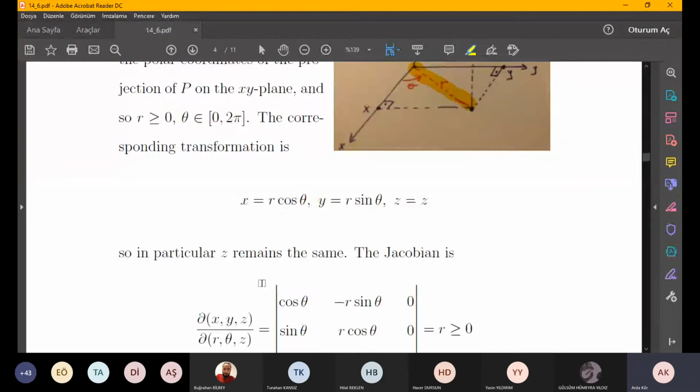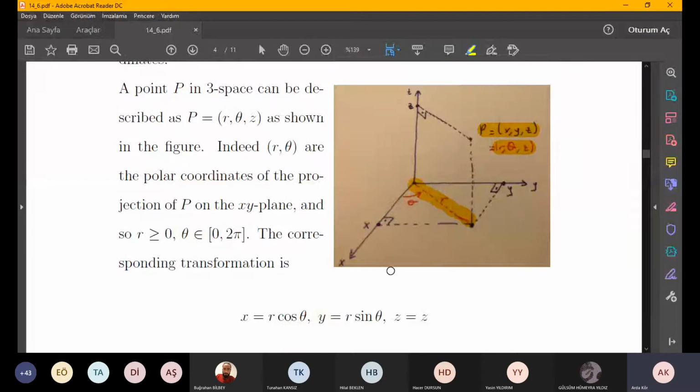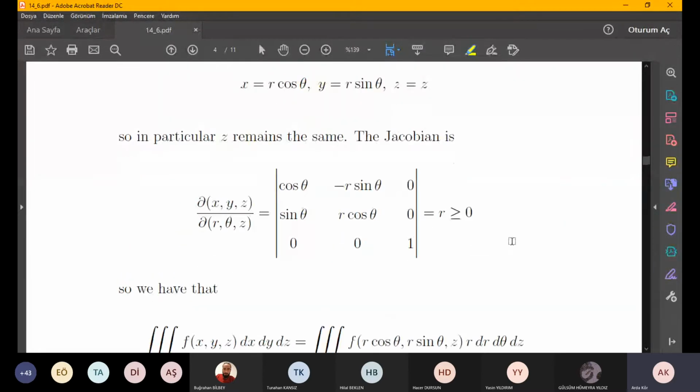So in particular we can say z remains the same. So that distance is z. So this will remain the same.